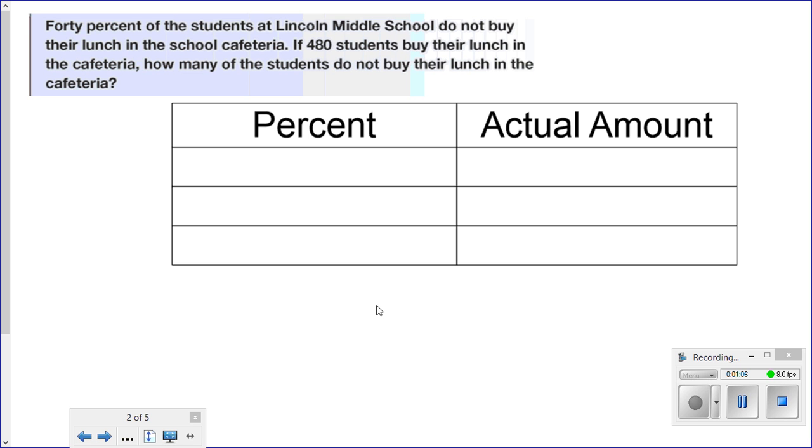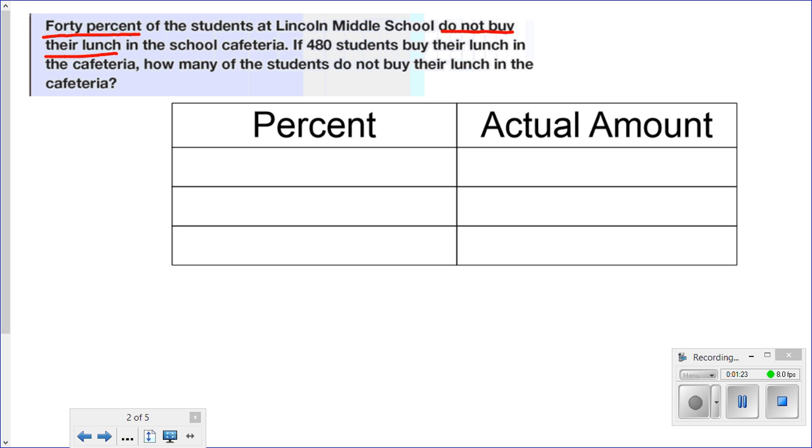First thing we need to look at and take out is the 40%. Why? Because it's a number. We don't always take numbers out, but 40% is a very important one. 40% of the students at Lincoln Middle School do not buy their lunch.